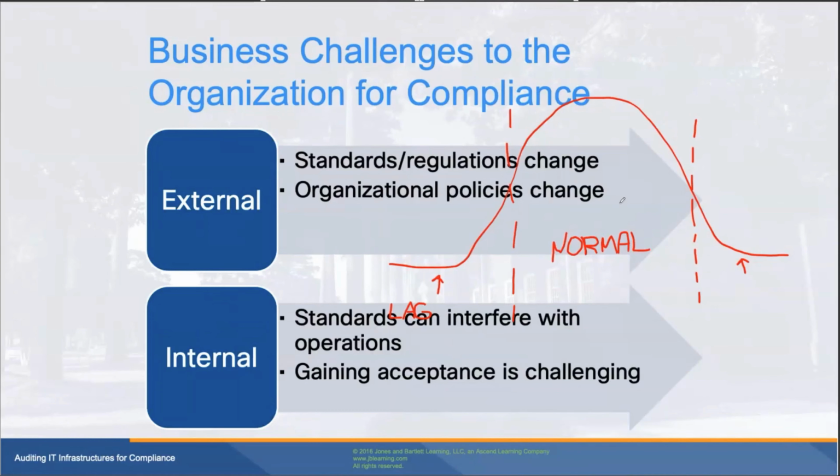So that's part of that internal struggle. When we put all of these new policies and procedures in place, there's going to be resistance to it. So we have to know how to use tools and techniques to get people to accept it faster. People are resistant to change. They don't like change. Because remember, change is risk, change is uncertainty.